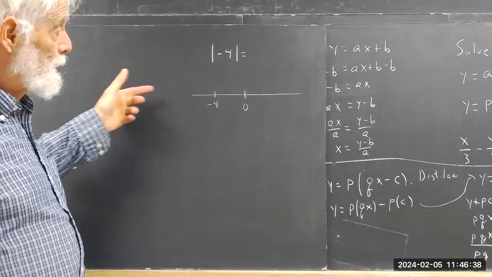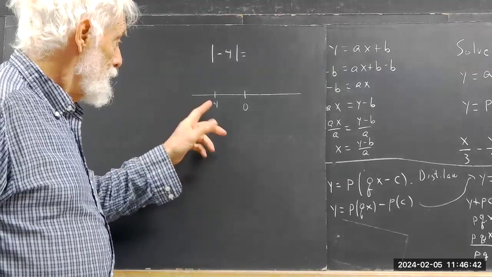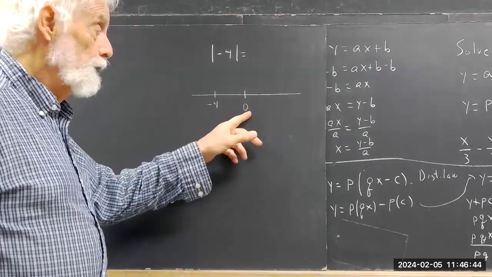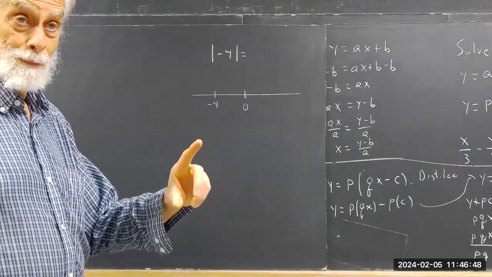Whatever. From here to here is 4 units. From here to here is 4 units. That's the distance. Okay.